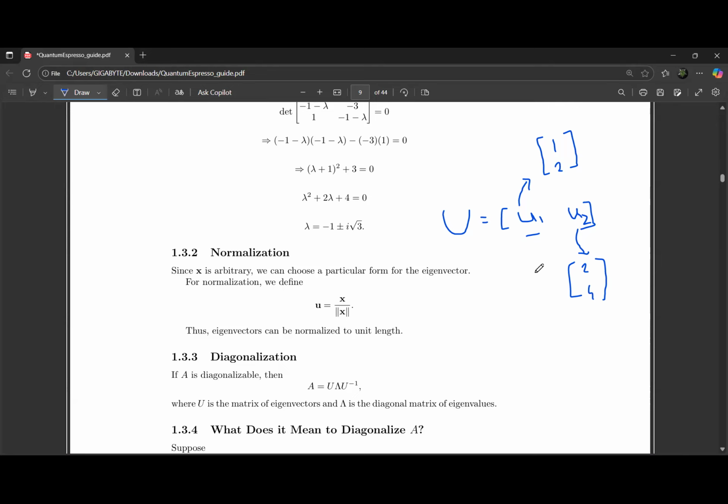Then normalizing this would mean, for the first one, say vector u, dividing it with the magnitude of the values here.